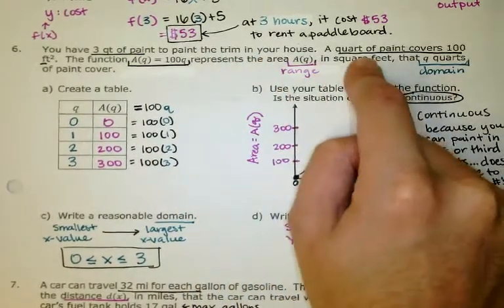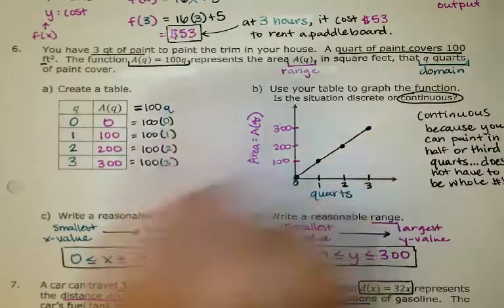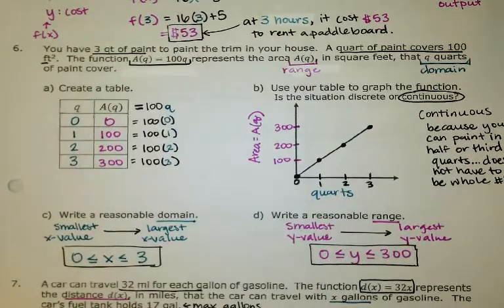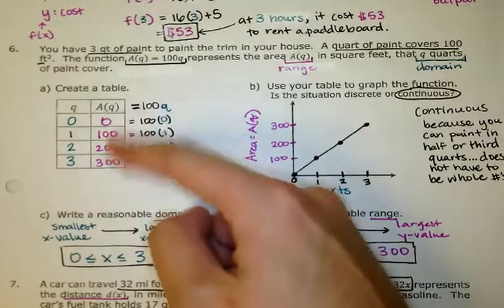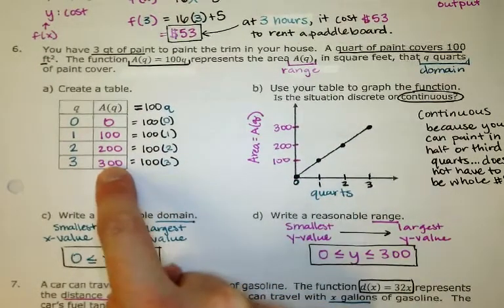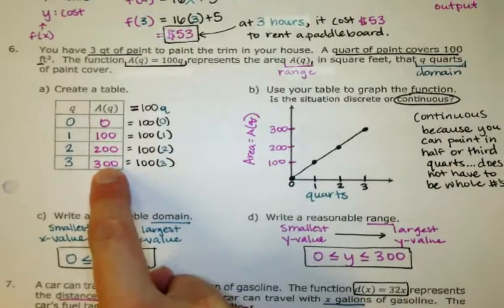So we can create a little table here, and for each quart we cover how much square feet? 300. Okay? Every time we had 0, then 100, 200, 300.